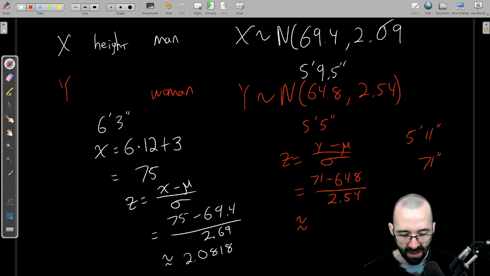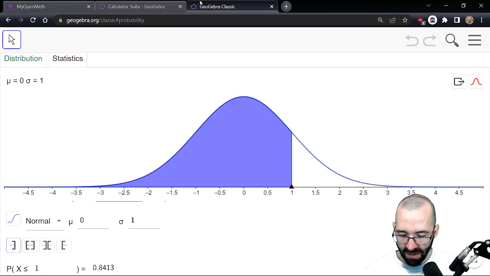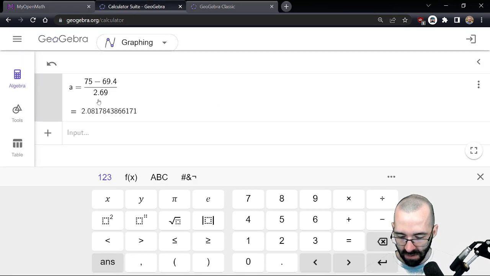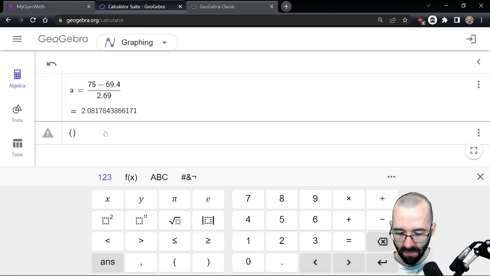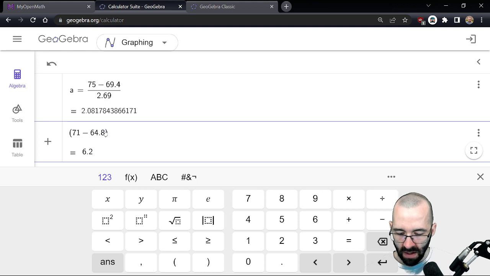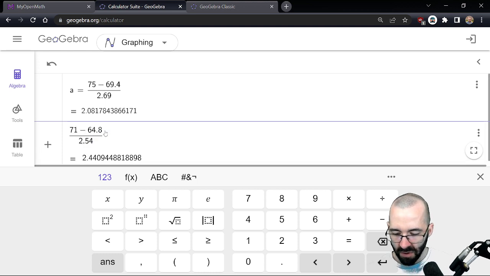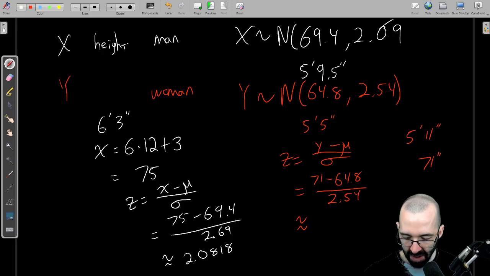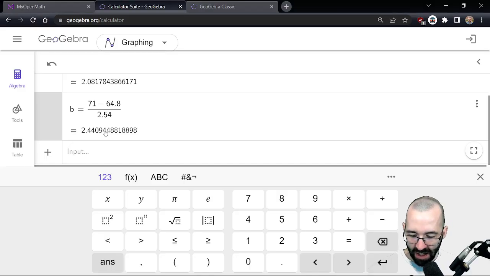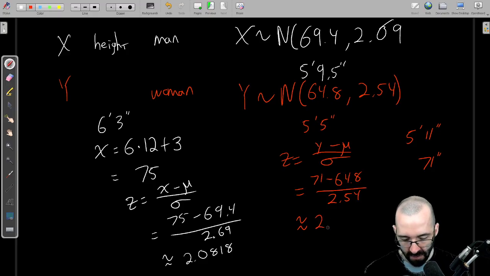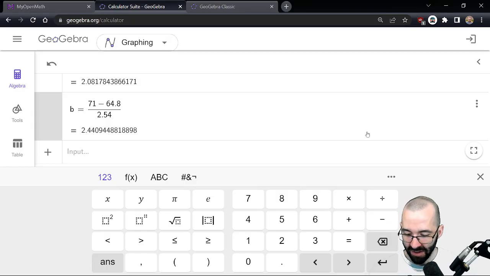Type that in. 71 minus 64.8, all divided by 2.54. Make sure I type it in right. Going back and forth is a very common error that both me and students make very often. 2.44. So almost 2.5 standard deviations above the mean.